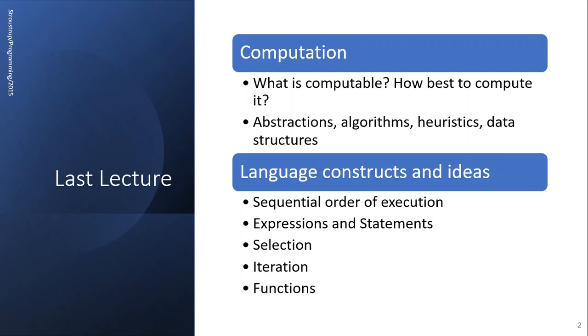Then we introduced the idea of functions. Functions are basically blocks of code that perform a specific computation. You write functions because the computation that you perform using that function is logically separate. You can perform it separately from other computations, and usually that computation is required more than once in your program.